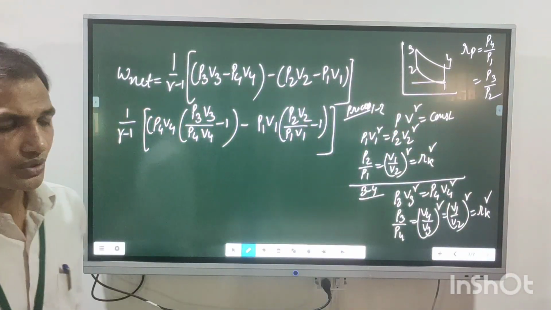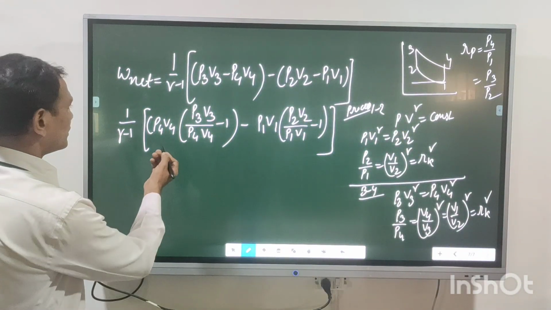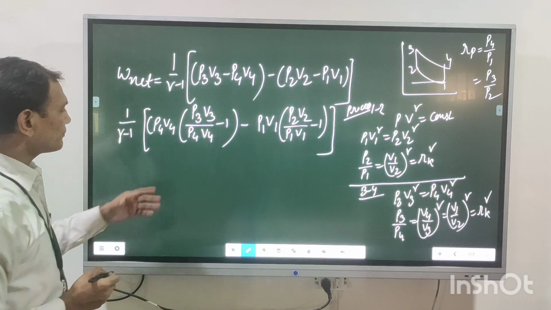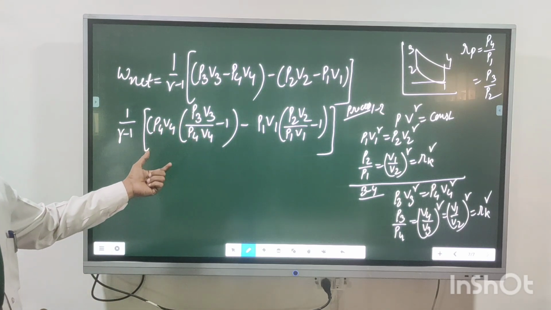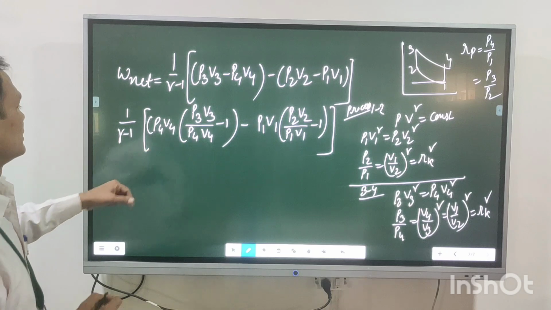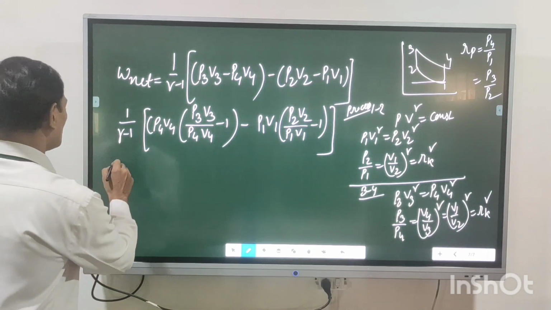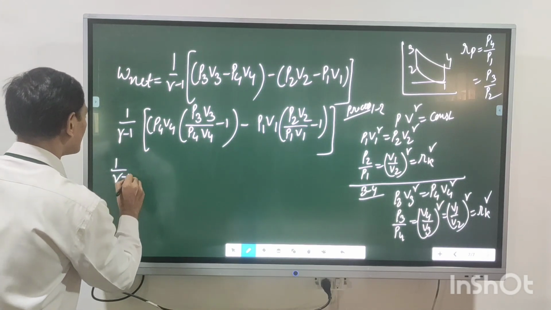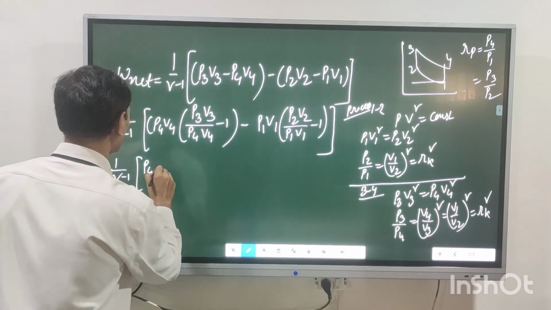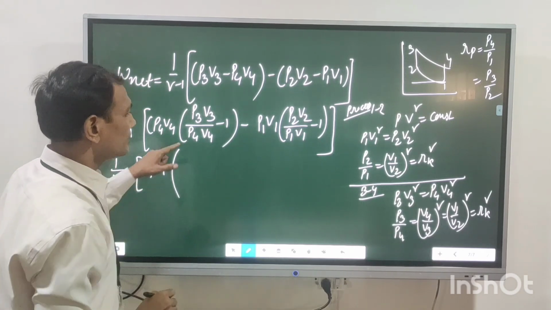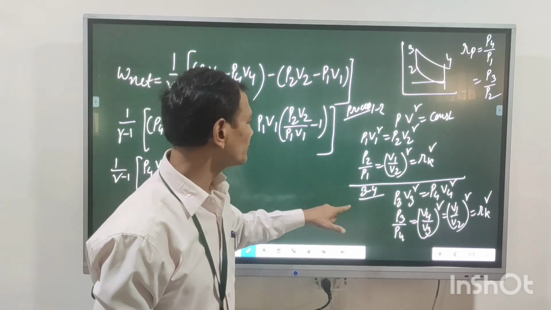Okay, so here first put the value of P3, P4 and V3, V4. So 1 by gamma minus 1, P4 V4 can be written V1 and here P3 by P4. What is the value of P3 by P4?